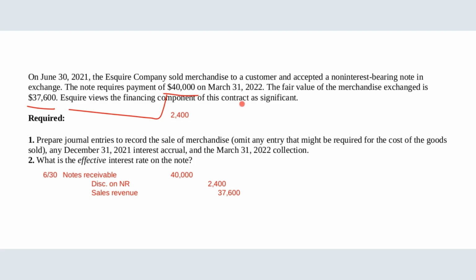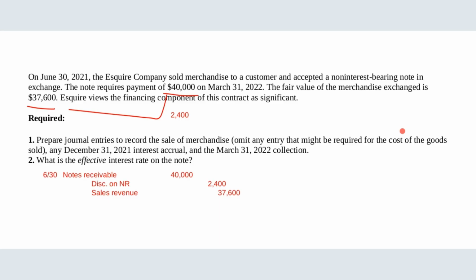All right. And so when it comes to December 31st, okay, so the 2,400 is for 9 months, right? So from June 30 to December 31st, there's 6 months. So we multiply that by 6 ninths, and that will give us the amount that needs to be accrued.